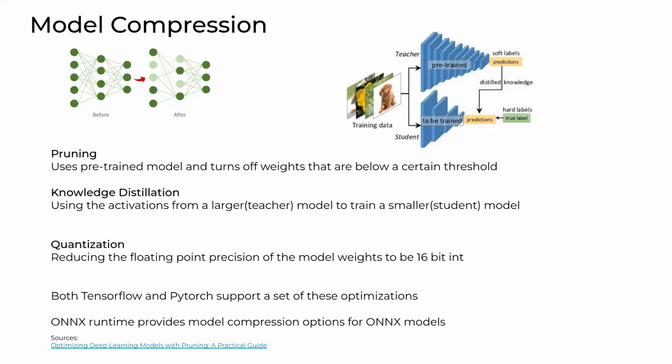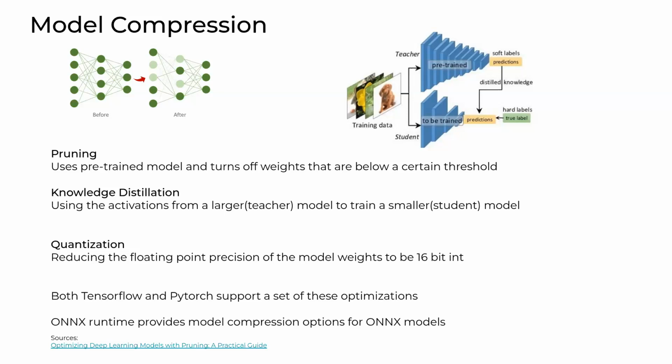So there are a couple of techniques that I want to bring to your attention here, but these are by no means a comprehensive list of things that you can do. I mainly focused on things that you can do post training, but some of these things involve training. Pruning is basically, when you have a neural network, you have lots of neurons with weights in them, and more often than not, all these weights might not be contributing significantly to the outcome.